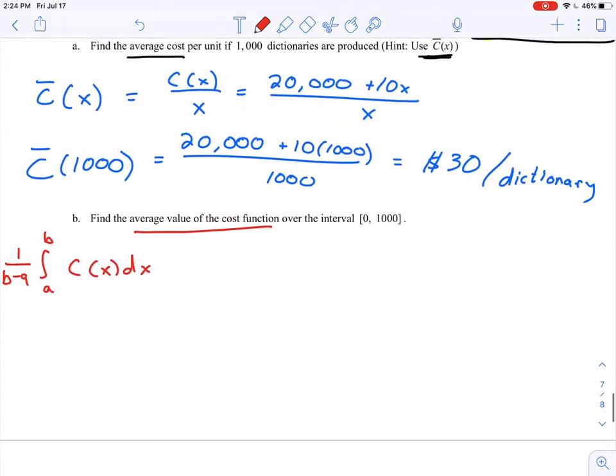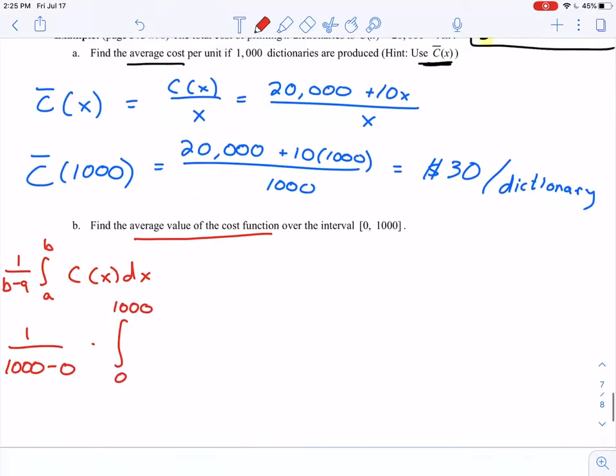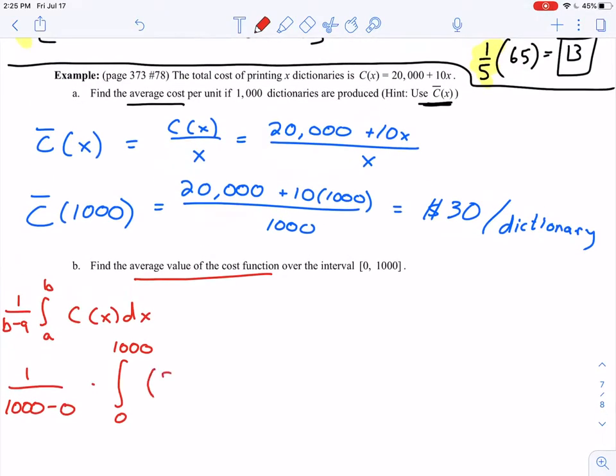So let's see. We want 1 over 1,000 minus 0 times the definite integral from 0 to 1,000 of C of x. What was C of x here? We said that was 20,000 plus 10x dx.